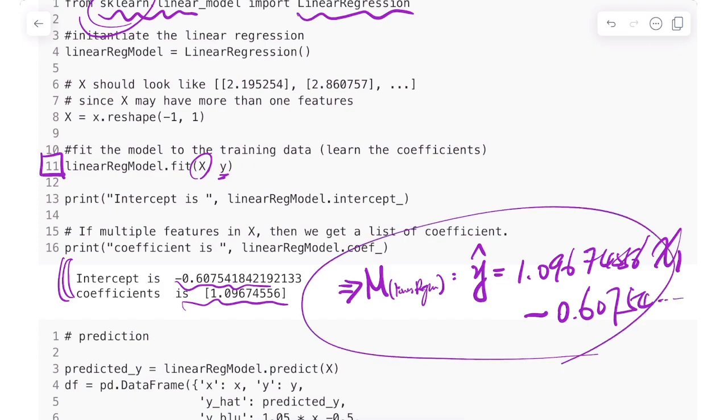That is the model we find out, representing the relationship between x1 and y.